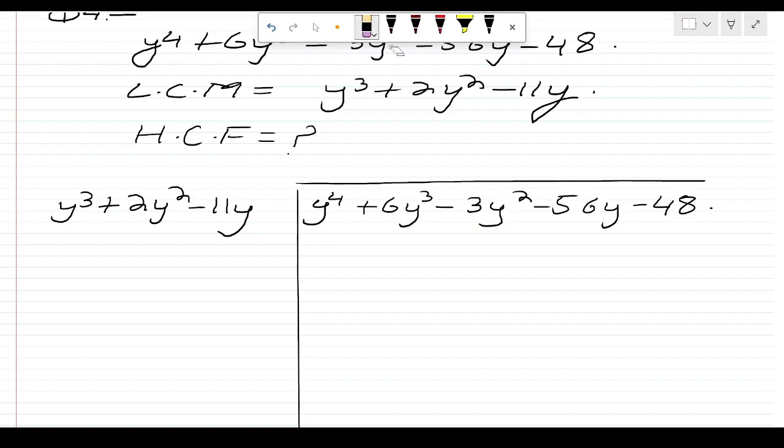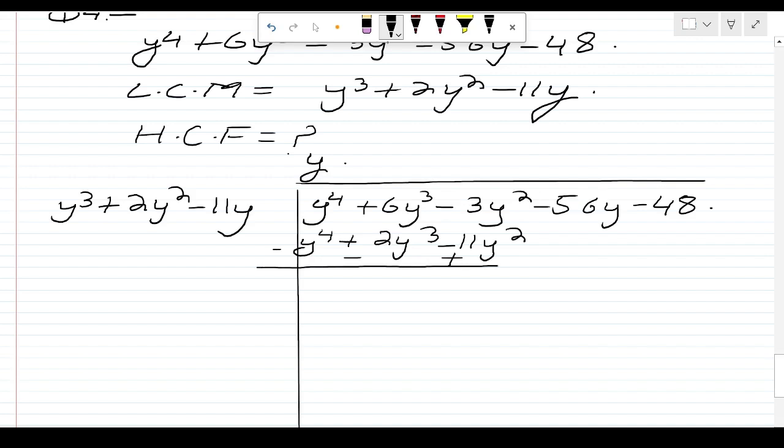Now we will have y power 4 here, then we will get 2y cube and subtracted from 11y square. Now we will have negative sign here, negative sign and positive sign here, and then we will just draw a line.